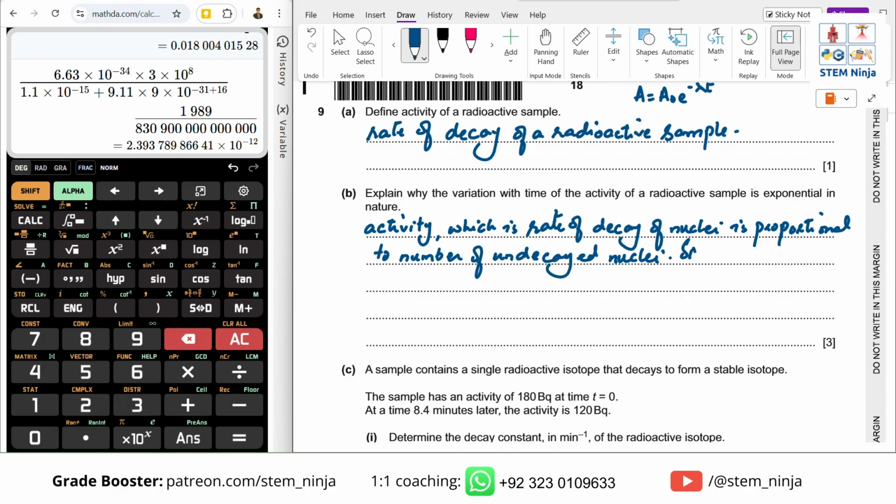So since the number of undecayed nuclei is decreasing, the activity also has a decreasing curve.